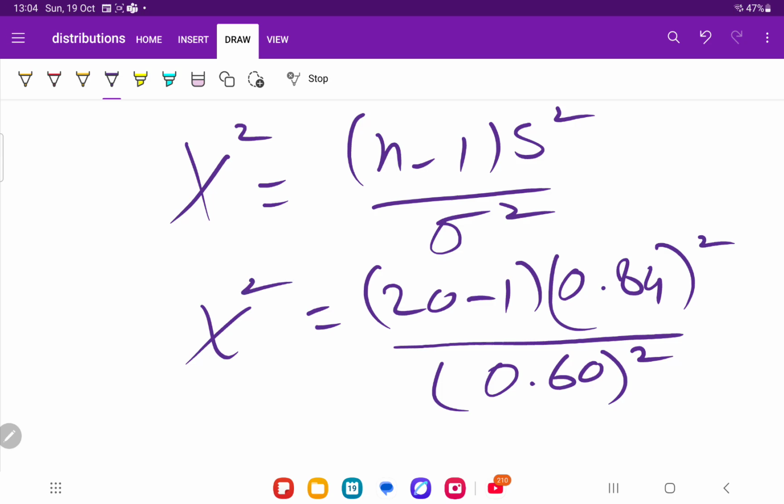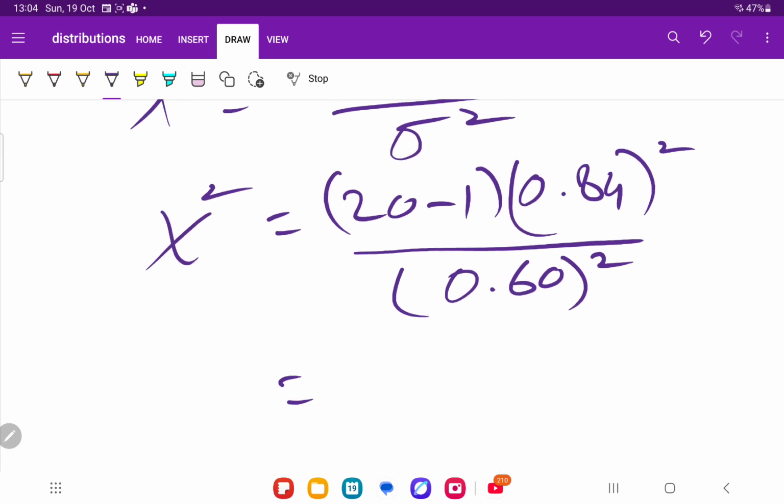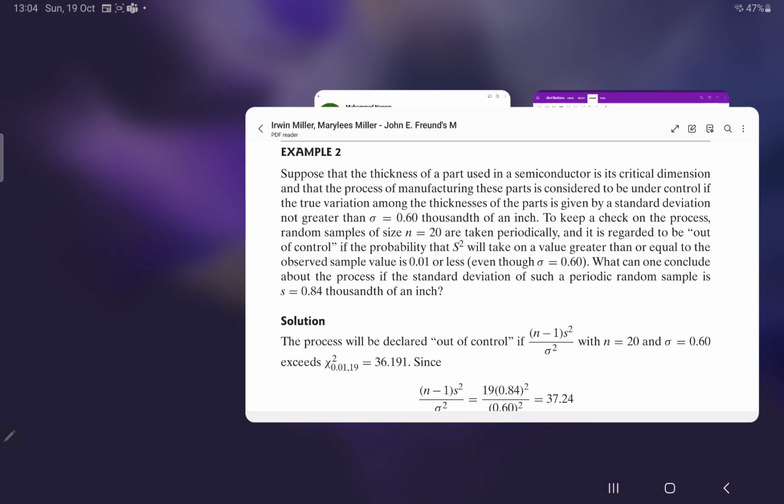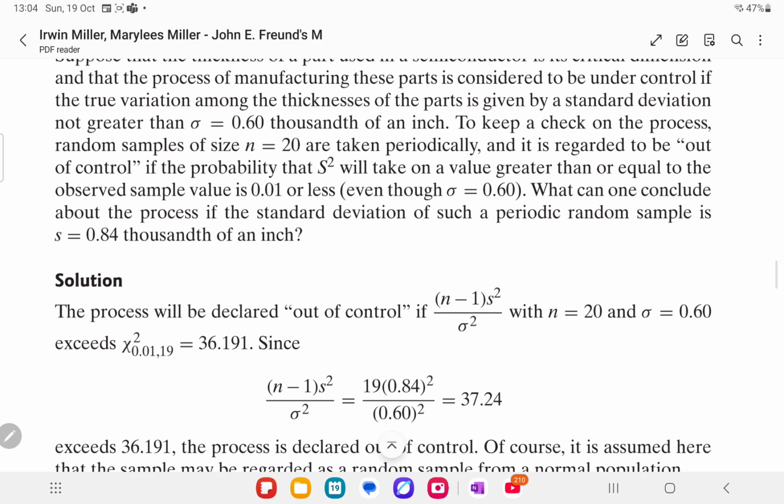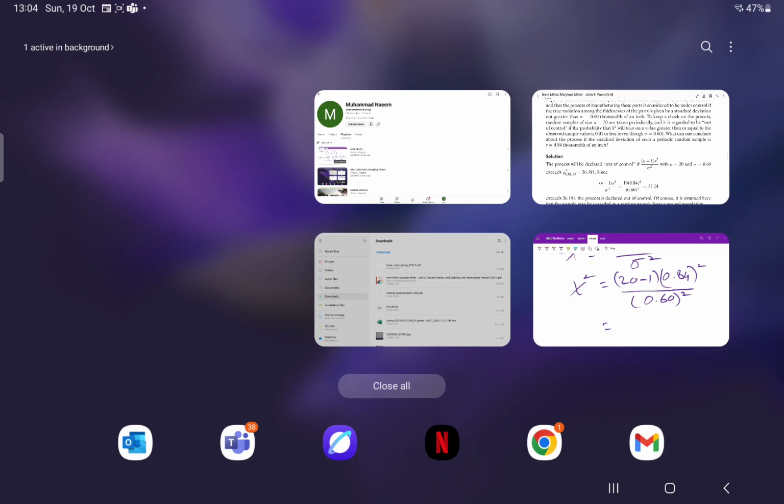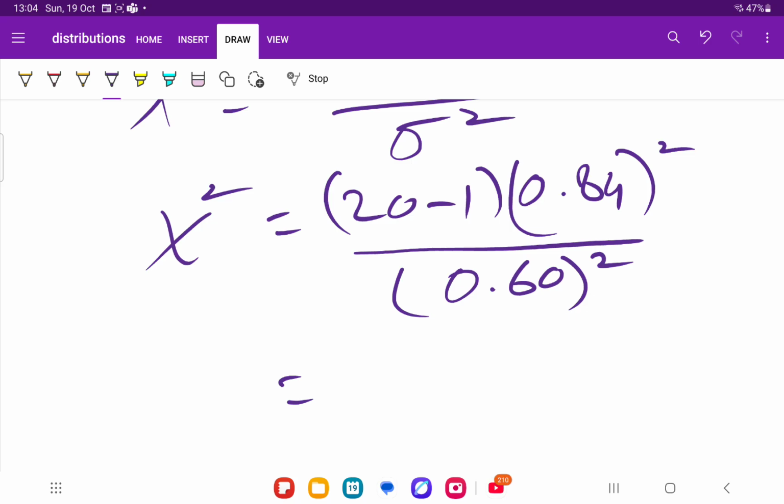So we are getting chi-square. So we just need to solve through the calculator. I think all the values have been placed. So n minus 1 basically is 19. So what is the final answer? Chi-square is 37.24.